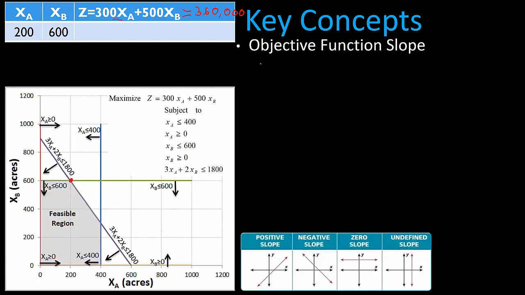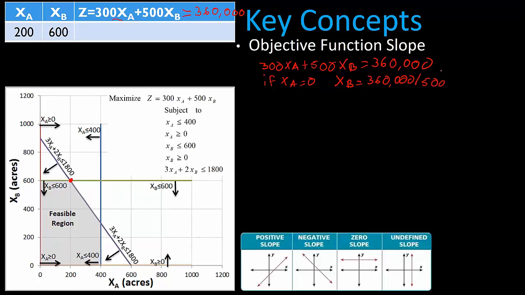Then in this equation, XB will be equal to 360,000 divided by 500, and this one will be 720.